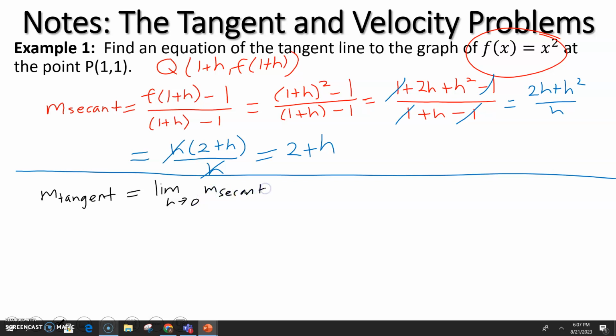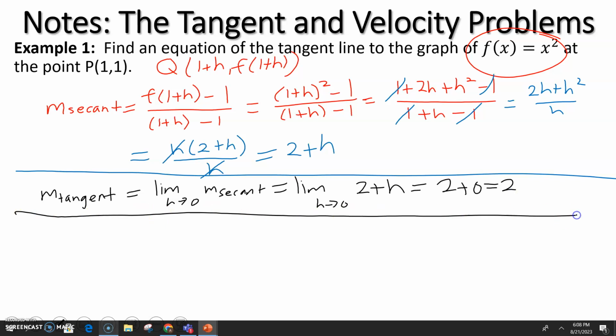In other words, making that space between P and Q, which we're going to call h, less and less and less. In this case, m secant is 2 plus h, so this becomes the limit as h approaches 0 of 2 plus h. Because h is getting close to 0, this becomes 2 plus 0, which is equal to 2. Now that's step 2.